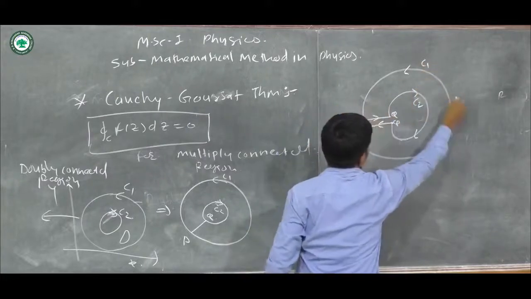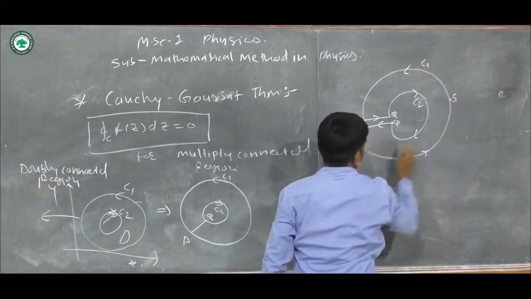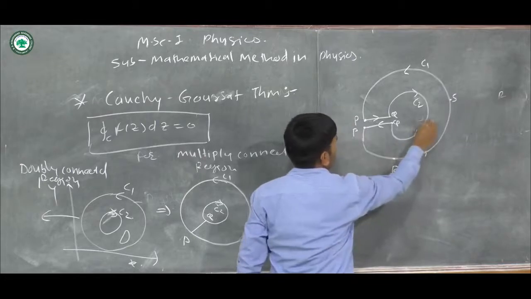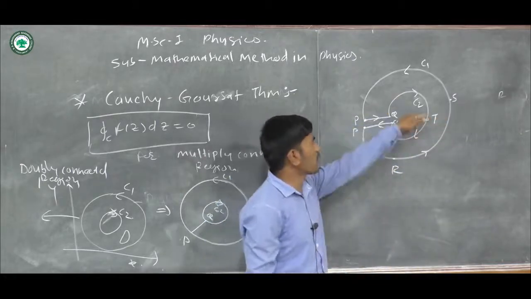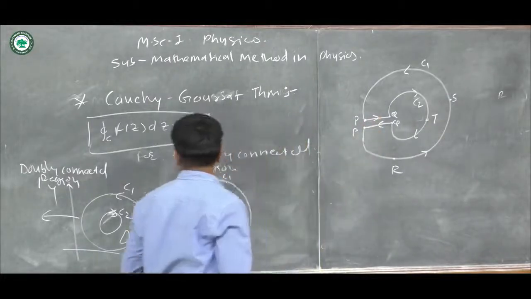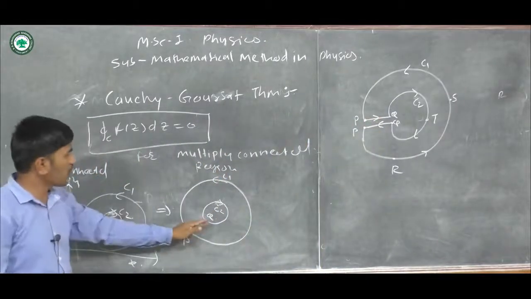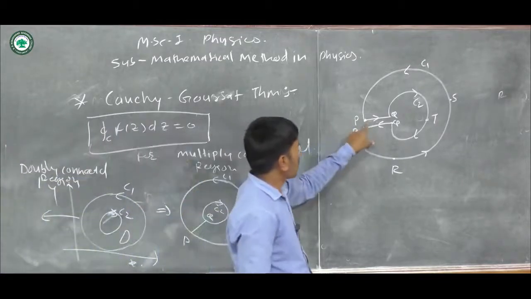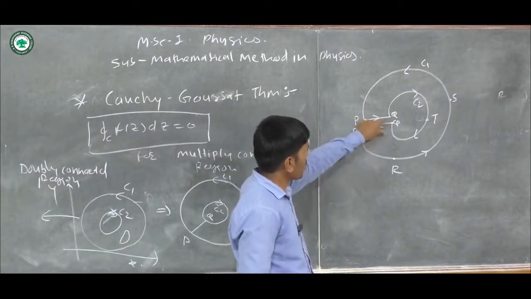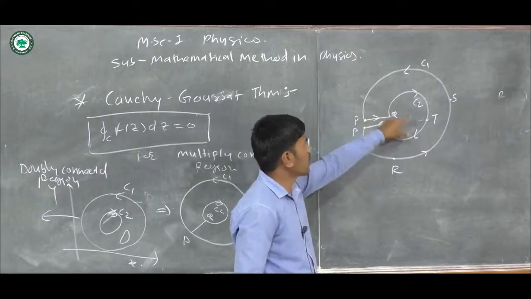Here P, suppose this is point S, R, and this is T. So this is now the simply connected region. The procedure is to make a small cut, creating a passage here, and then this is simply a connected region.